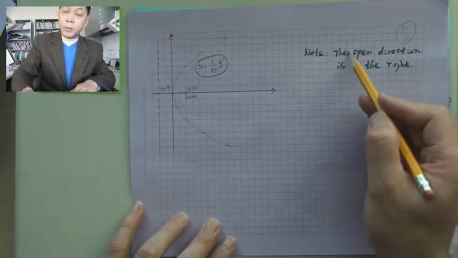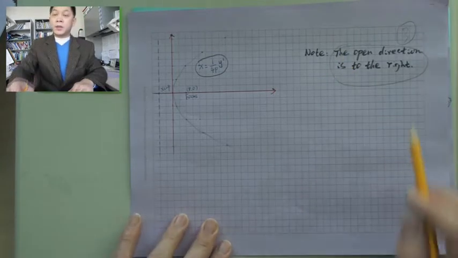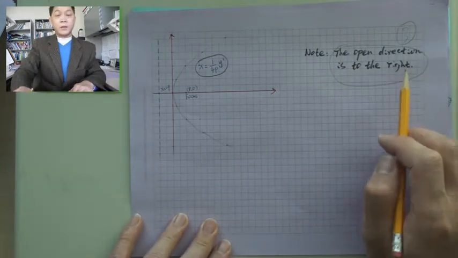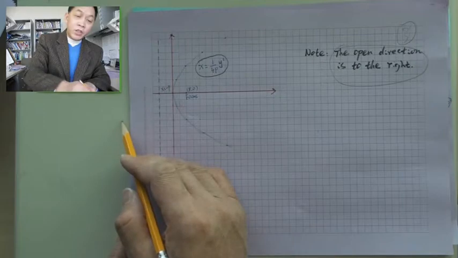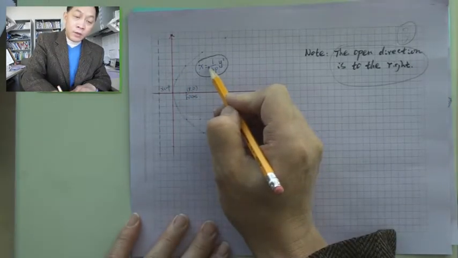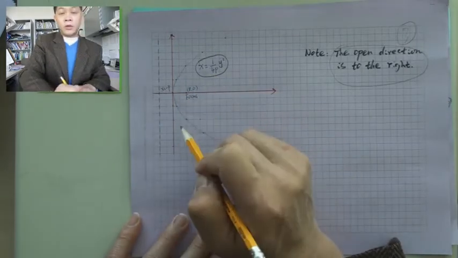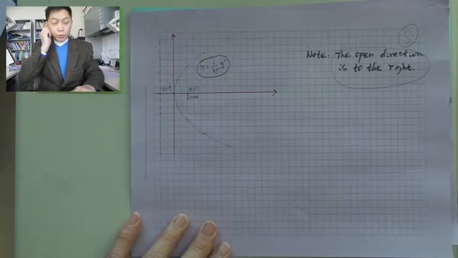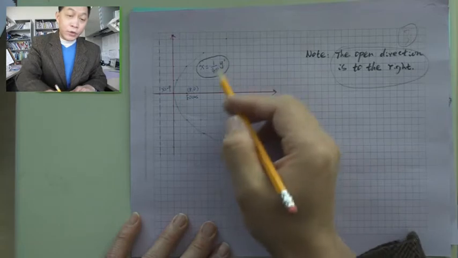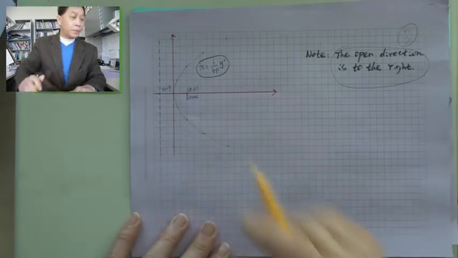So that's why I put the remark right here. The open direction is to the right. If it were to the left, the only difference would be that here is negative. So if you remember one standard equation, you should remember all.